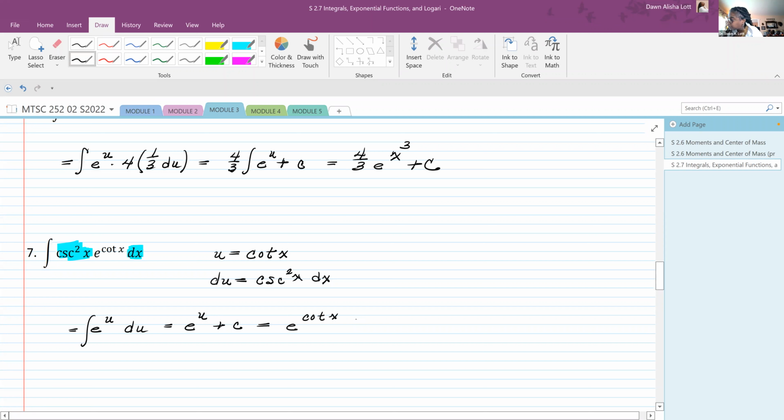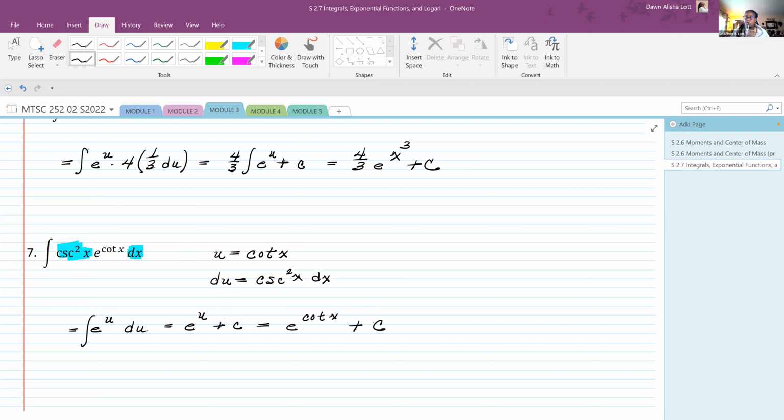Now, what's wrong? We forgot something very important. What's the derivative of cotangent? Cosecant squared x. Okay, but it's a co. What do we know about the co's? It's a negative.